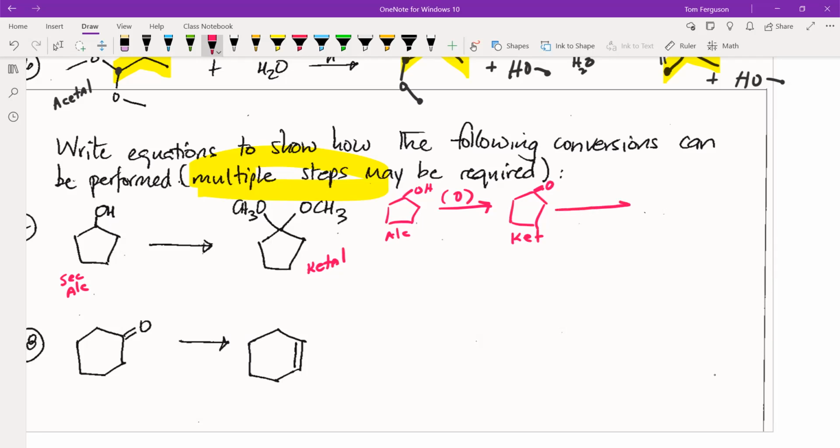Now that we have a ketone, we have an acid environment, and we're going to add methanol alcohols.